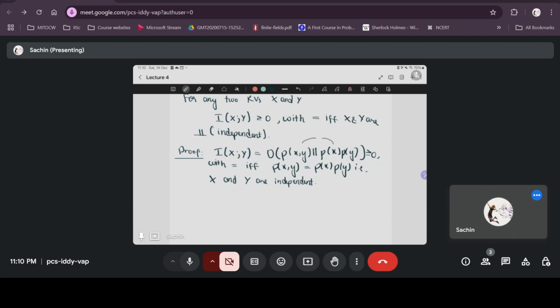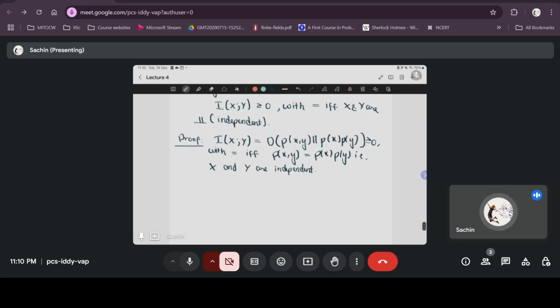Here p(x) is the marginal distribution of p(x,y), and p(y) is a marginal distribution of p(x,y). So when we take the product of those, does it actually end up being a probability distribution? That's one thing to note. We are assuming that p(x) times p(y) is in itself a probability distribution, but we didn't really show it anywhere.